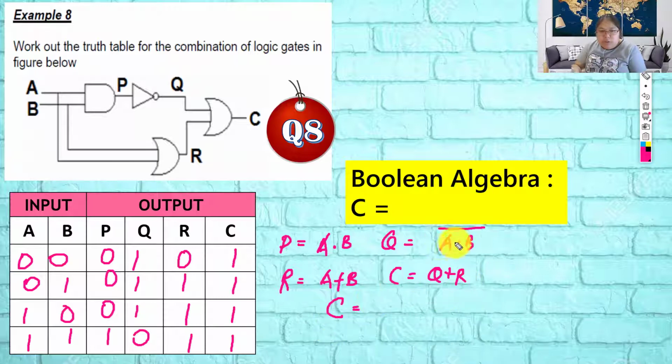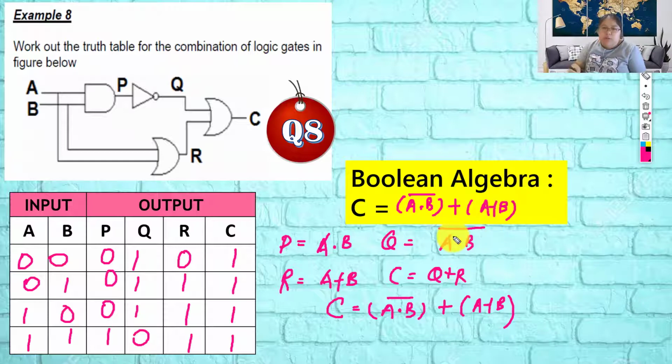C equal, Q is how many? A dot B bar, bracket, plus R is how many? A plus B. So this one is a final answer. So I write here, A dot B bar plus A plus B. Okay, so this one is a Boolean algebra for the question number 8.